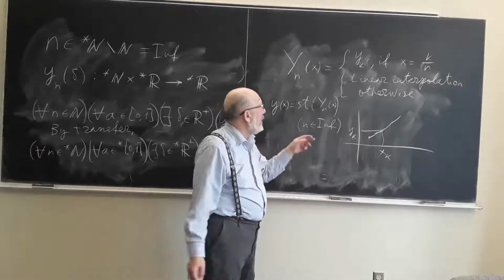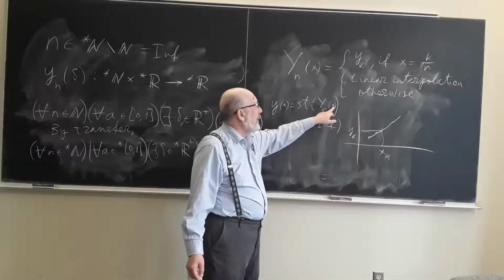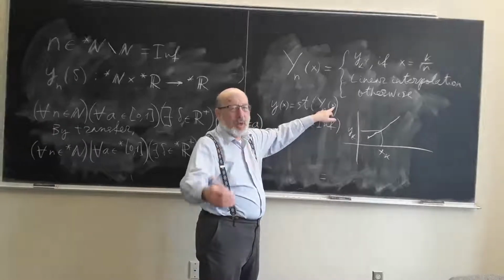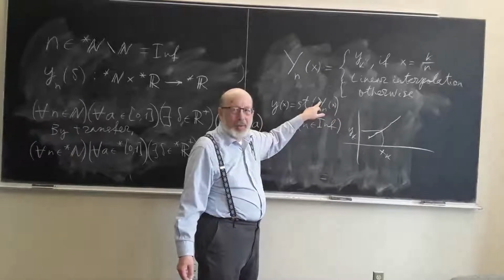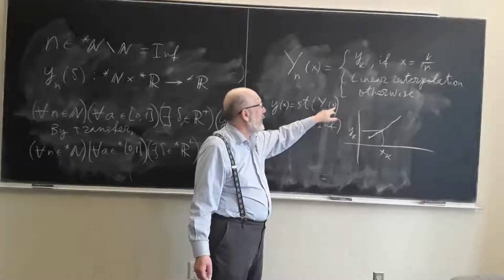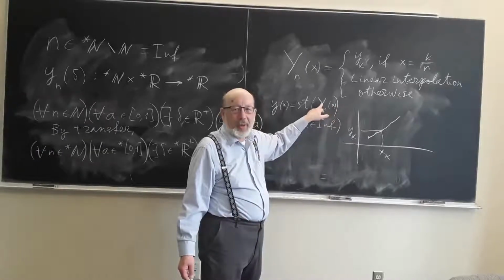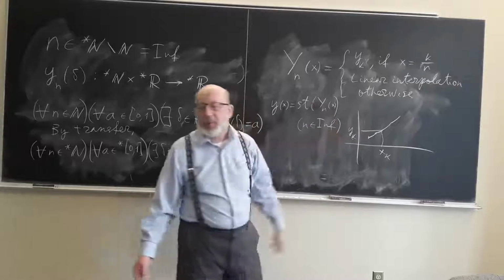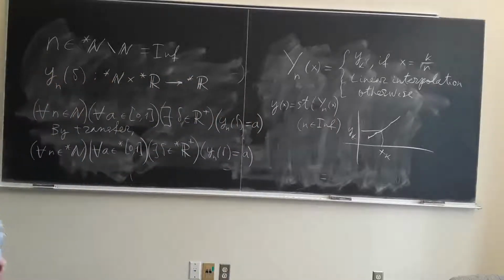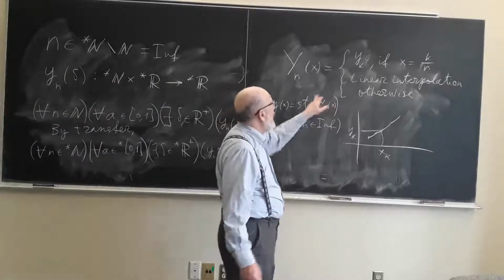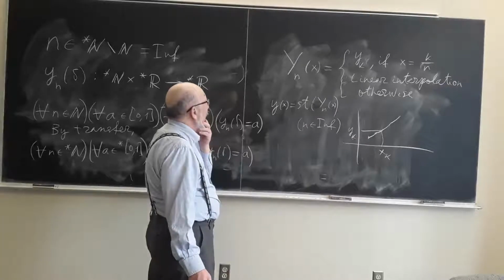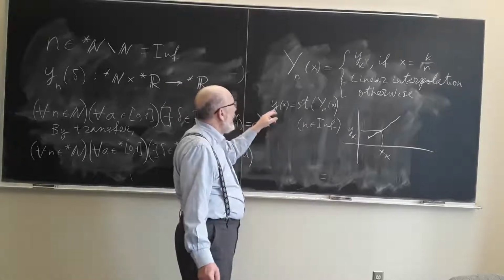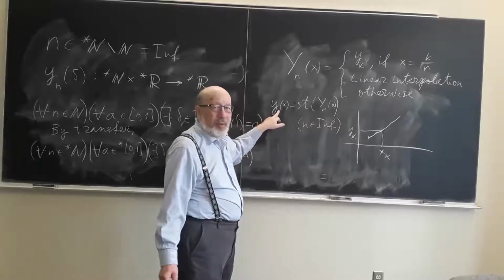So for any non-standard x, which is say between 0 and 1, we find the corresponding non-standard y, and then take the pair: standard part of x and standard part of yn of x. This pair is a point of the standard part of the function. And last time I proved that this is a solution of the equation.